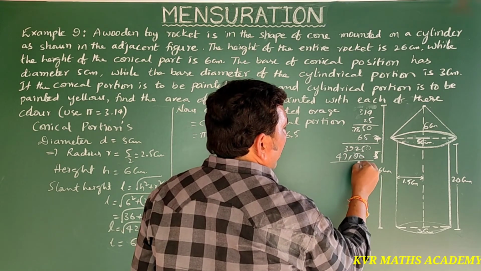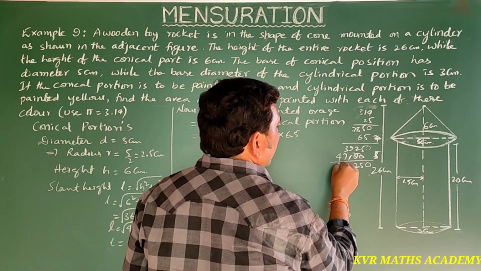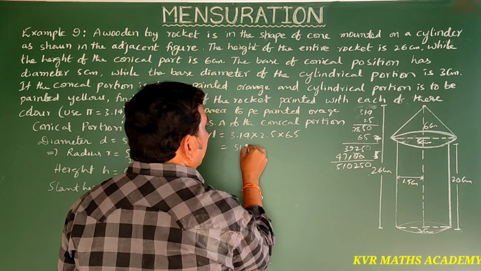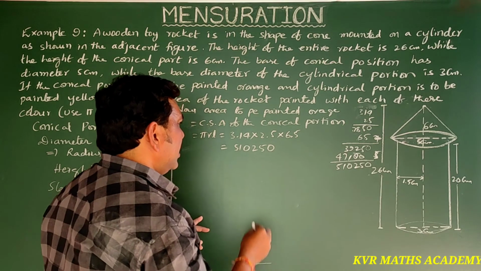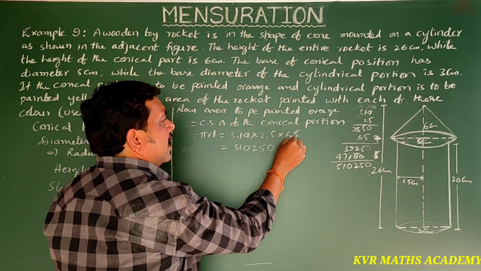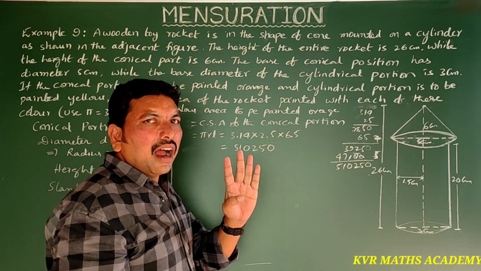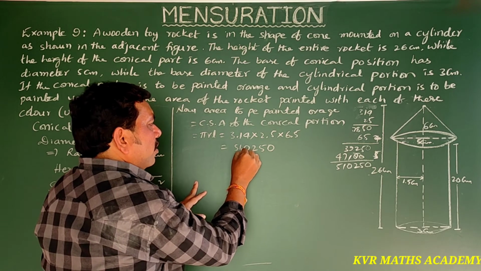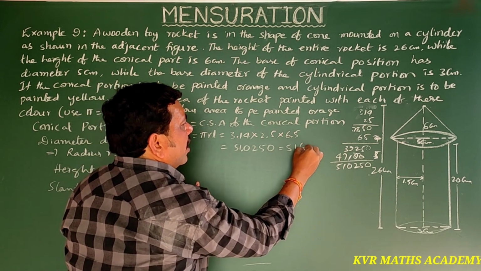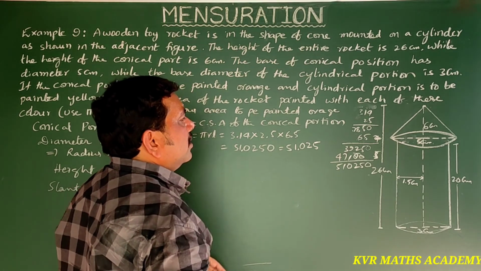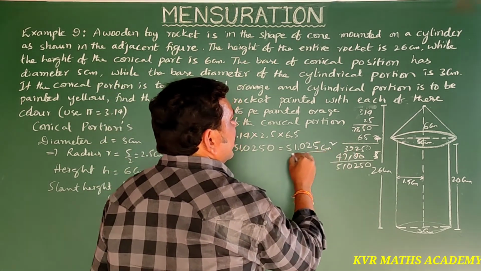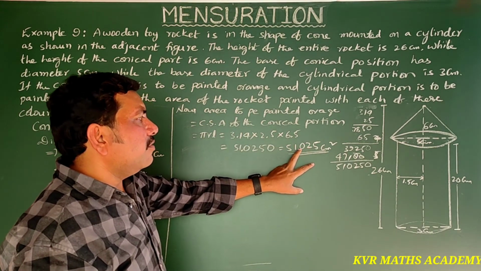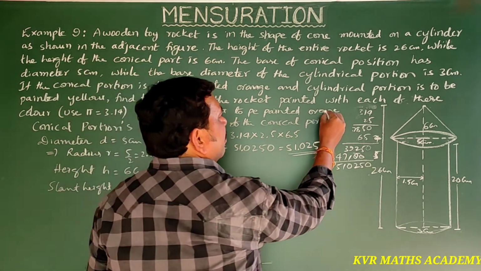That is 51025 has come. Here, 2 digits, 1 digit and another digit, totally 4 digits after the point, so before the 4 digits we keep the point. So that is 51.025 centimeter square. So the area to be painted orange is 51.025 centimeter square.